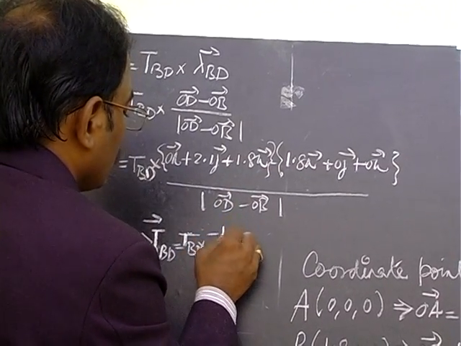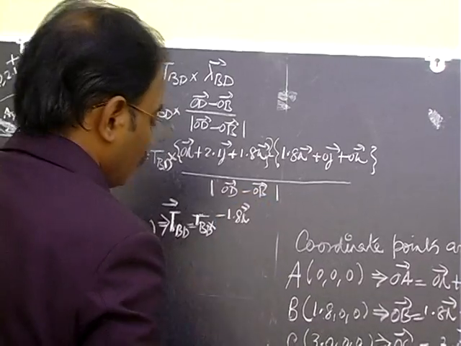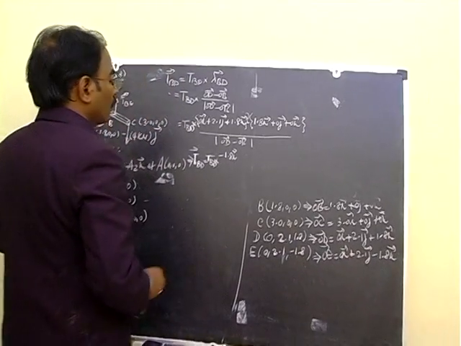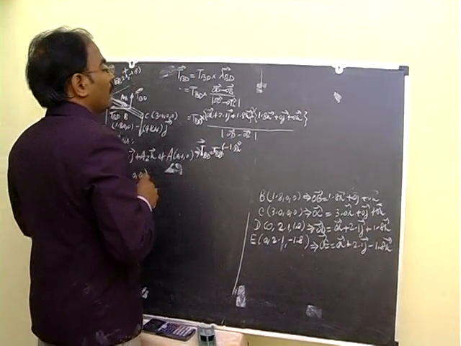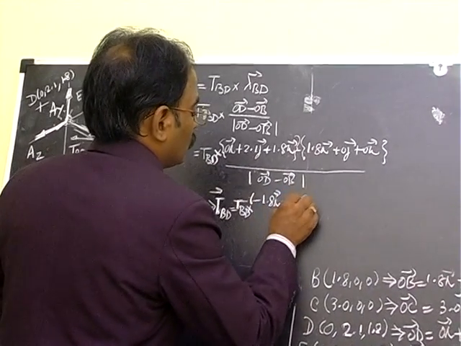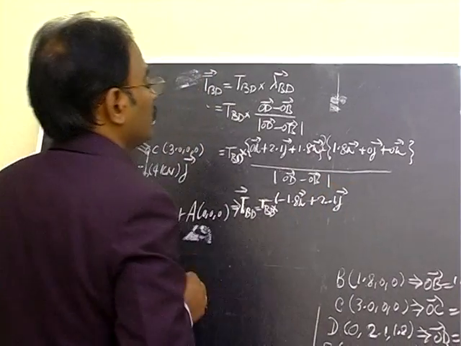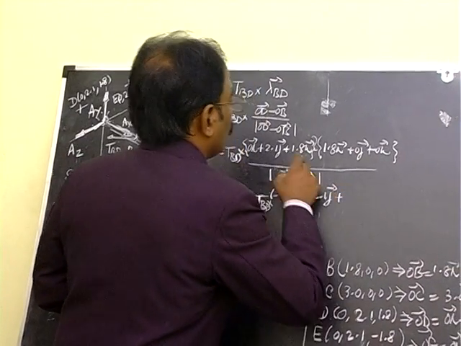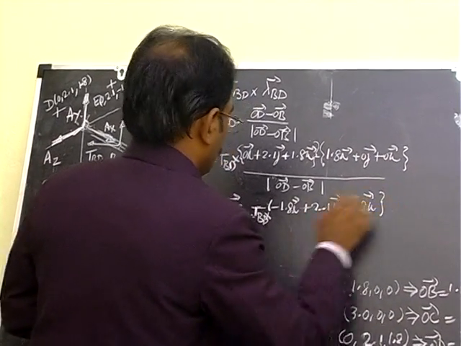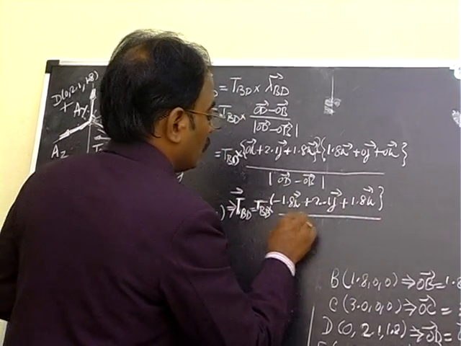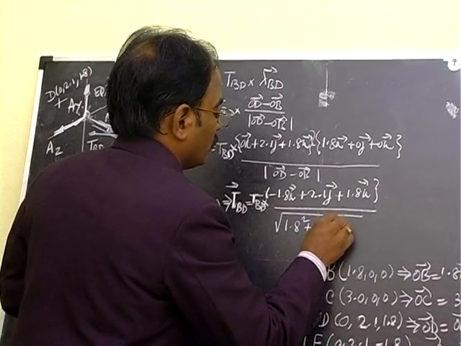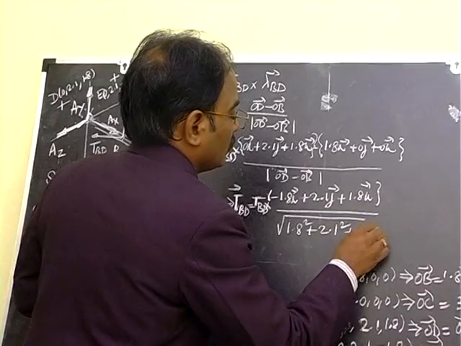So this is nothing but minus 1.8i, then the second term is plus 2.1j, third term is 1.8 minus 0, it's nothing but 1.8k, the whole thing divided by square root of 1.8 the whole square plus 2.1 the whole square plus 1.8 the whole square.